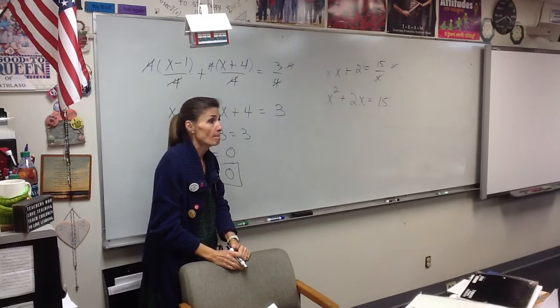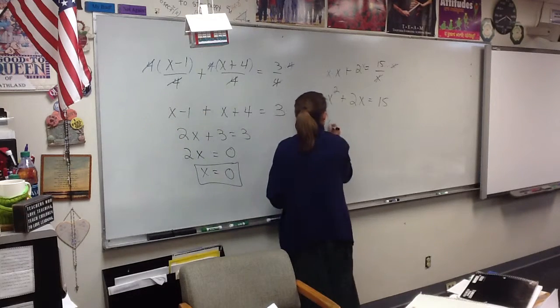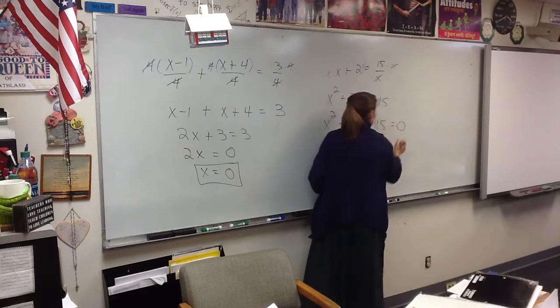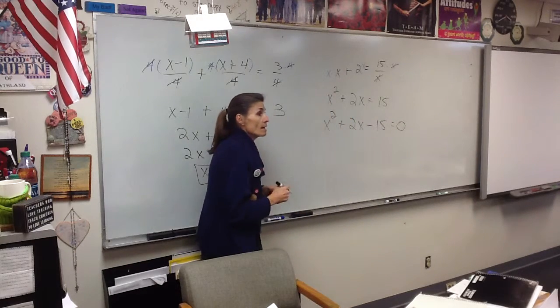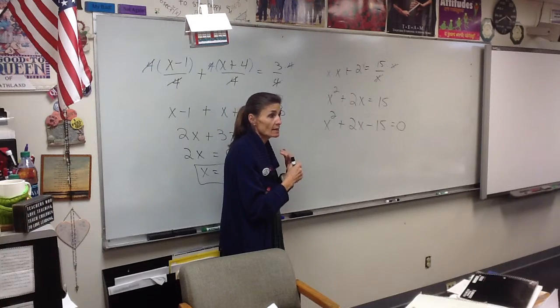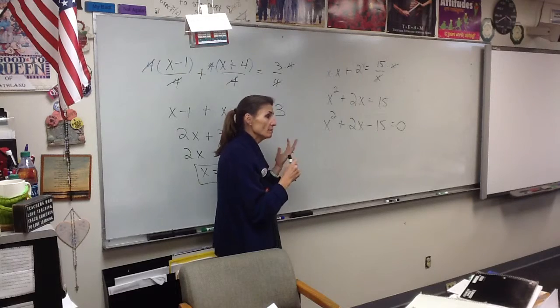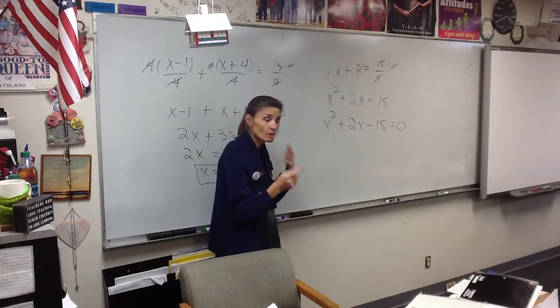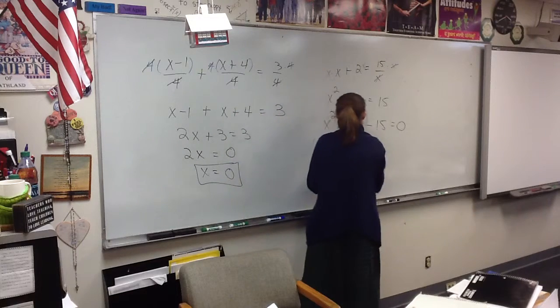You subtract 15. Now I'm going to get it set equal to 0, Moses. You're exactly right. And then, like you said, Moses, I can factor it. What else could I do, class, if I didn't want to factor it, if I'm not good at factoring? I could use the quadratic formula.